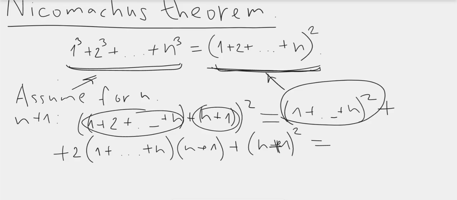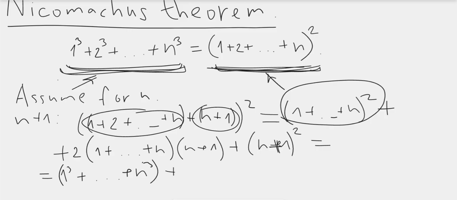This is the same as the right hand side in our assumption, therefore it's equal to this. So we write that this is equal to 1 cubed plus and so on plus n cubed.